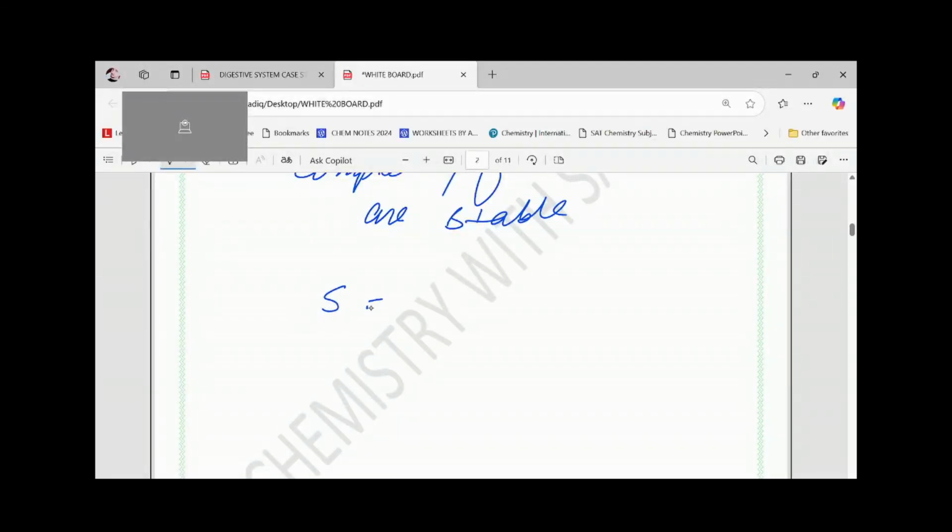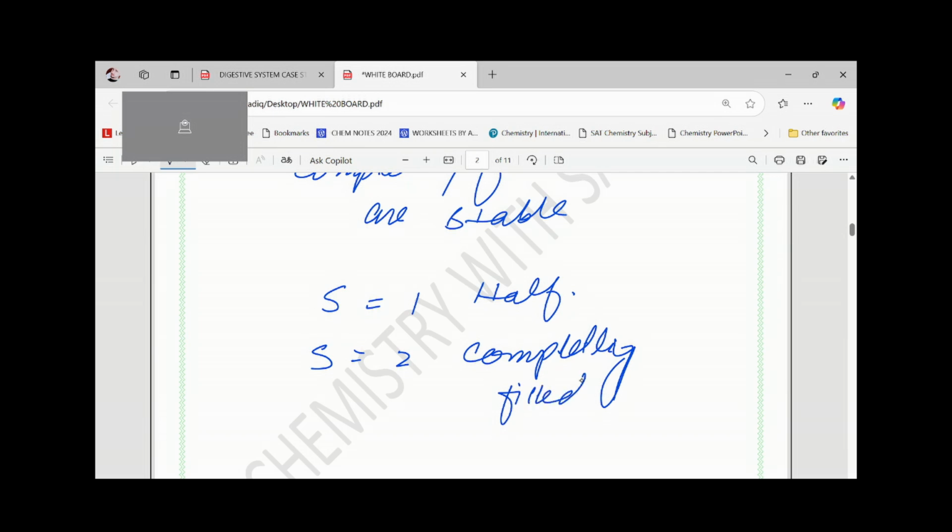If s is there, one electron is half filled, and if s is having 2 electrons, it is completely filled. In case of p, we'll be having 3 electrons and 6 electrons. In case of d, half filled will be 5, and completely filled will be 10. This brings stability to the elements.